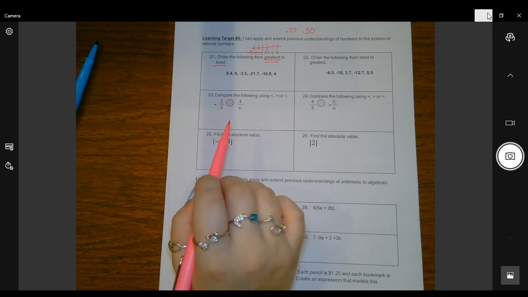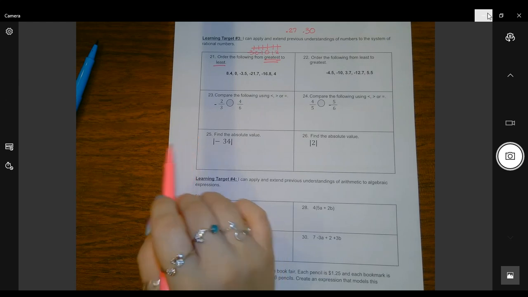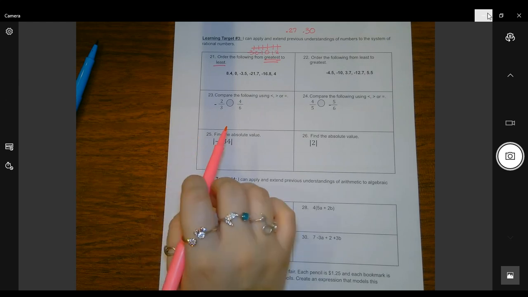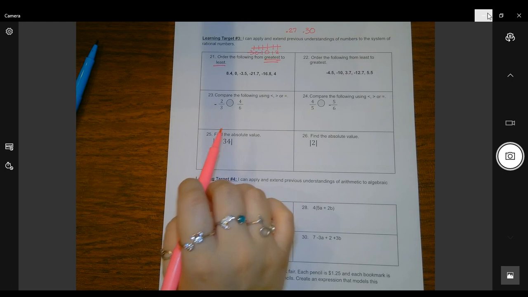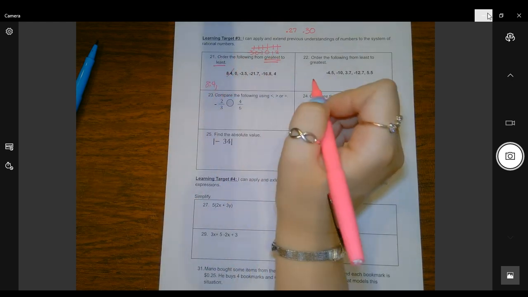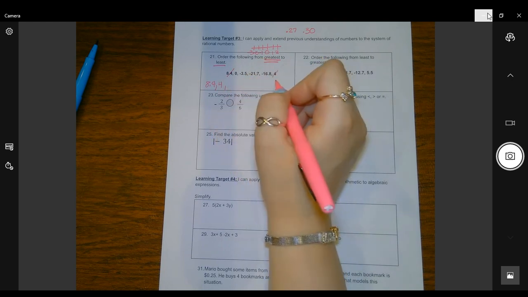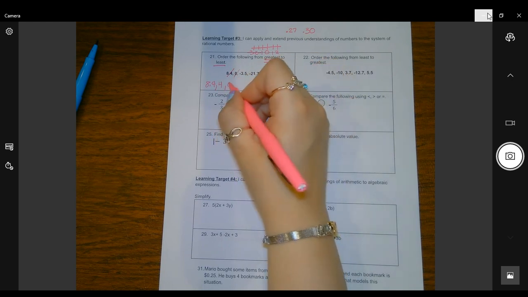For the greatest, obviously positive numbers are going to be the biggest. So the biggest positive number I see is 8.4. The next biggest positive is a 4. No more, so 0.